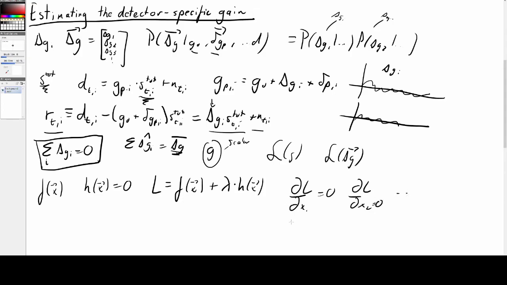And then finally, you also have to take the partial derivative with respect to lambda and set that equal to 0. And when you do that, you will minimize f of x subject to the constraint expressed by h of x. So in our case, of course, the constraint will be this. So let's have a look at what this looks like in our case.